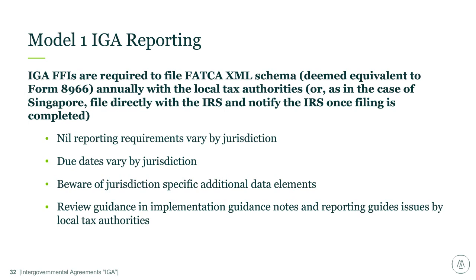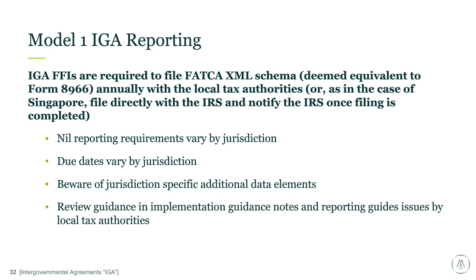I wish there was a good centralized place to find them all. But CRS, at least the OECD, kind of tries to consolidate some of that information, but a lot of jurisdictions are still issuing guidance in different ways each year, and a similar thing can be said for local IGA guidance as well.